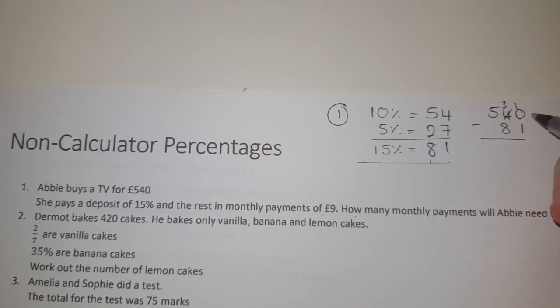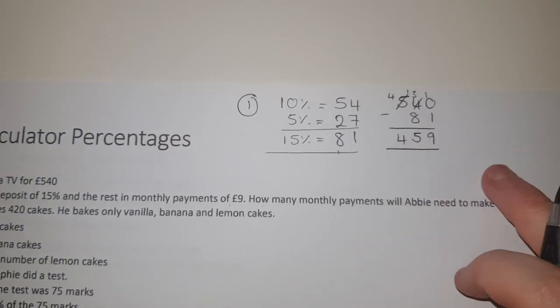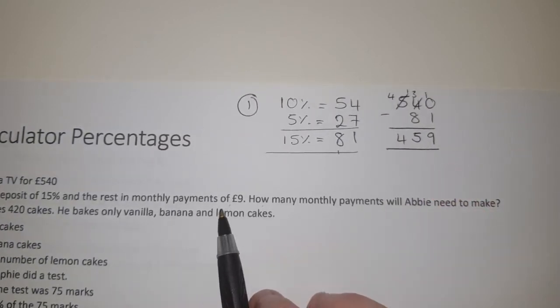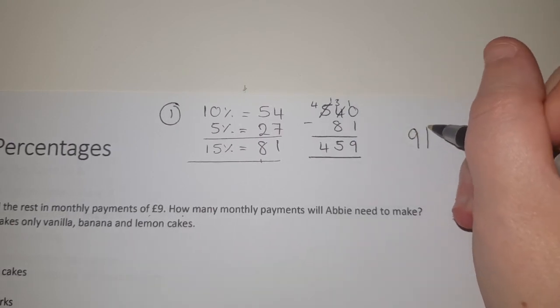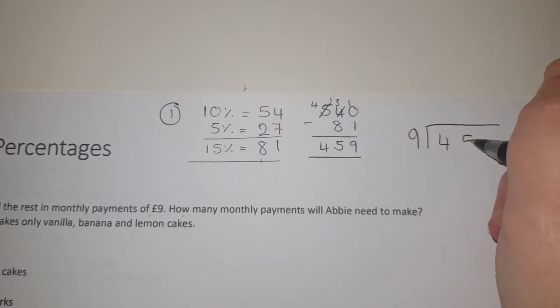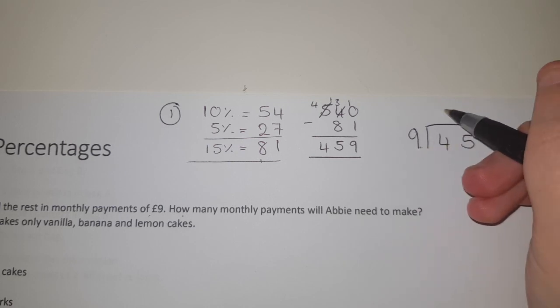Okay, so if that is £81 she's paid as a deposit, so 540 subtract 81. Well, we've got 10 subtract 1 is 9. 3 subtract 8 you can't do. So 13 subtract 8 is 5 and 4 at the top. So she's got £459 still left to pay. She's going to pay that in payments of £9. So what you can do is 9s into 459. So 9s into 4 don't go.